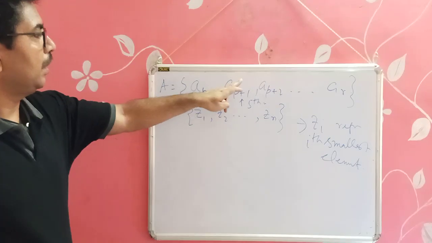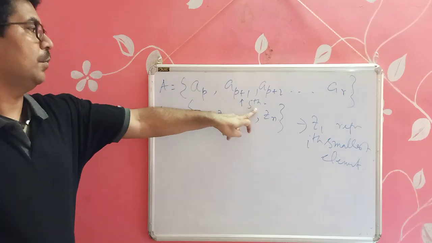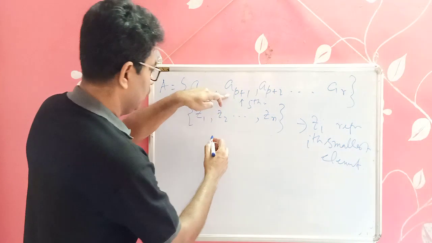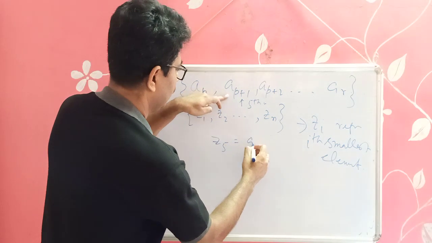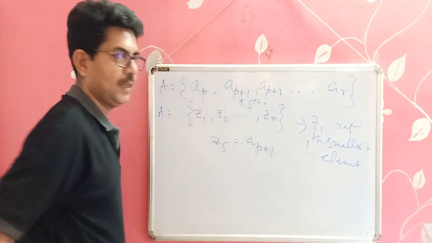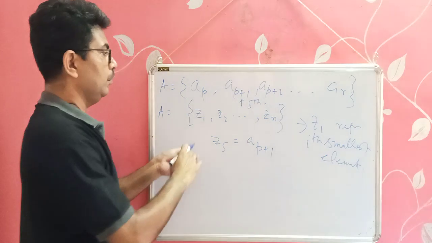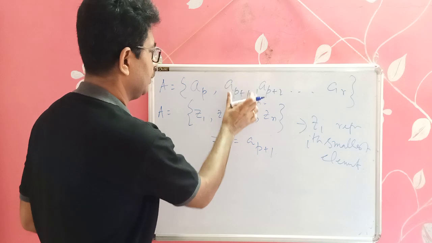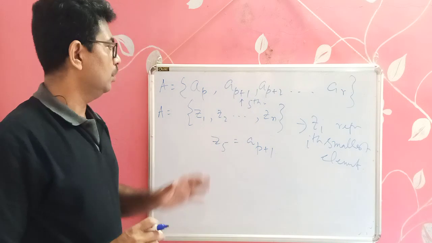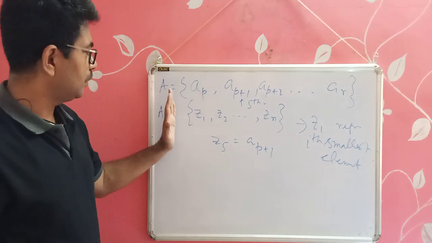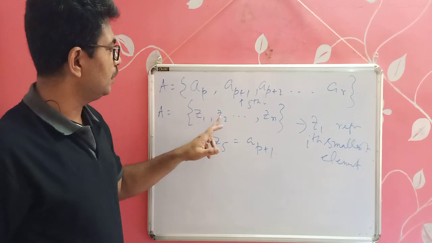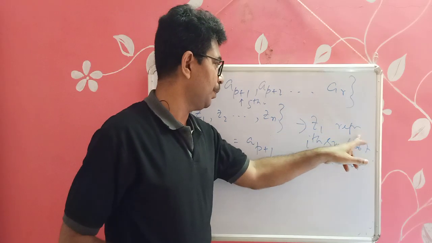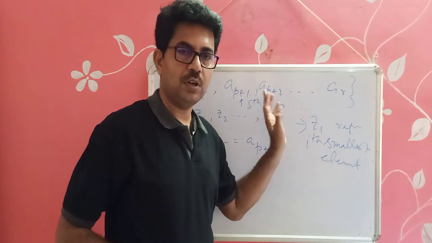Let A[p+1] be the fifth smallest element. Therefore, Z5 will be equal to A[p+1]. That does not mean that we have placed all the values in sorted order. So here Z5 will represent this. Clear? So we are defining a set like Z1, Z2, ..., Zn, where Zi represents the ith smallest element of the list.